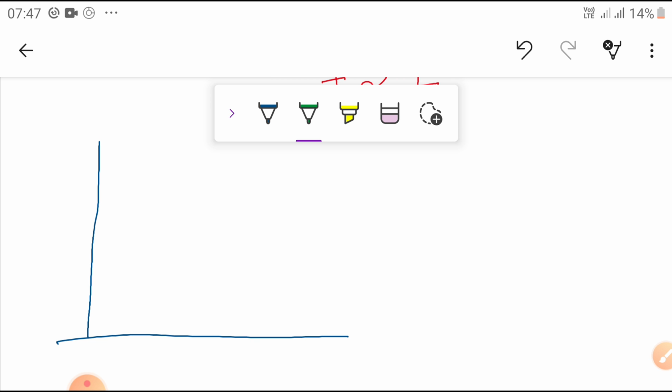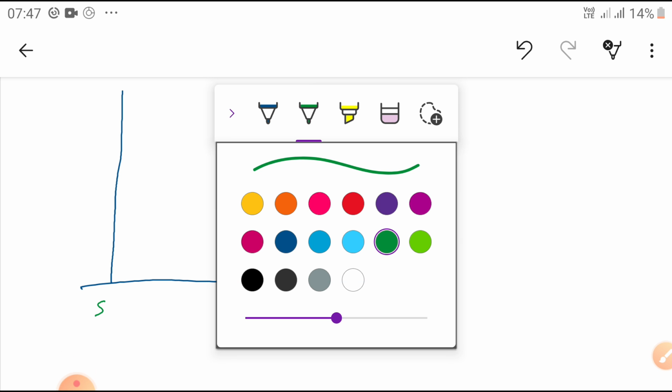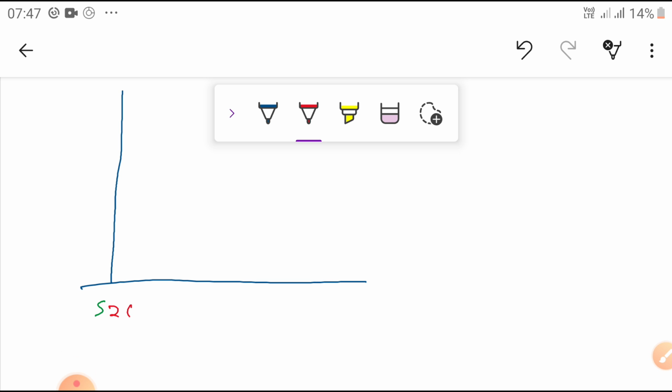Here you can take S is equal to 0, and the maximum torque at this condition. Then you can draw this curve. This is the maximum torque.